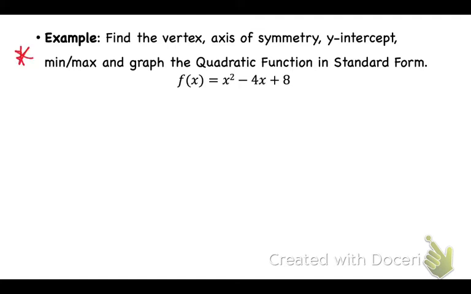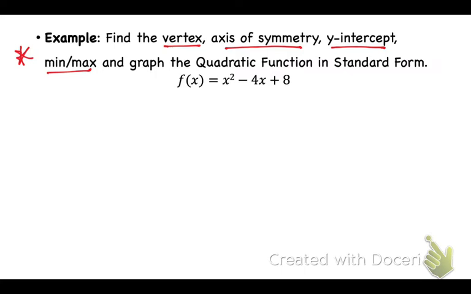Have we done all this before? Yes. Because once you have the vertex, you have the axis of symmetry. Because that's the h. And then you can find the y-intercept. We decide if it's a min or a max based on if it opens up or down. And then we can graph the function. Because we'll have some points, won't we?